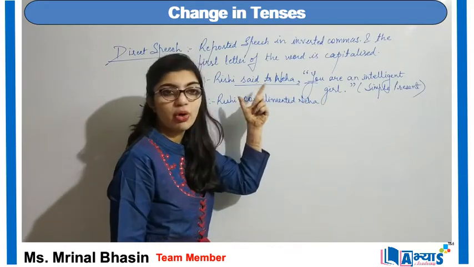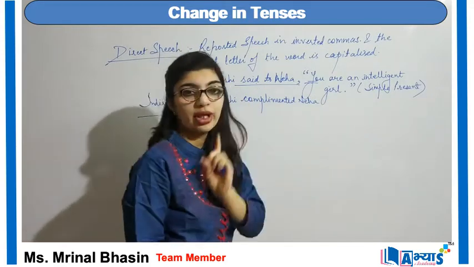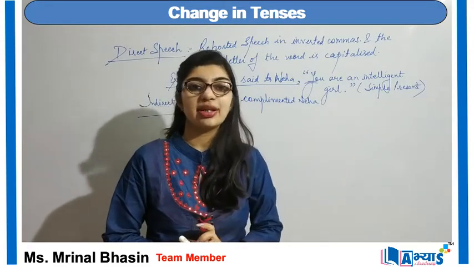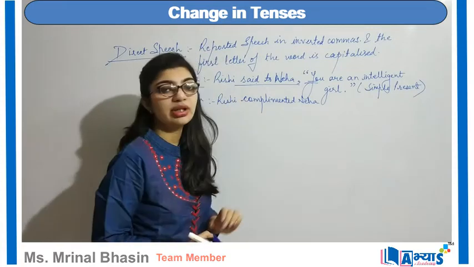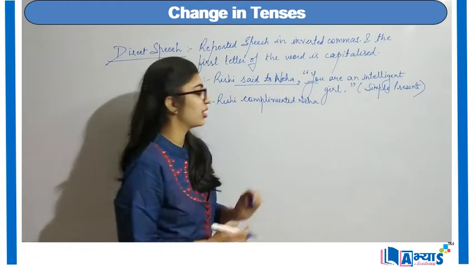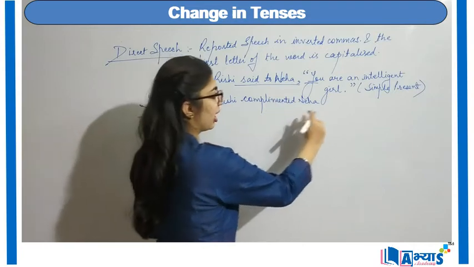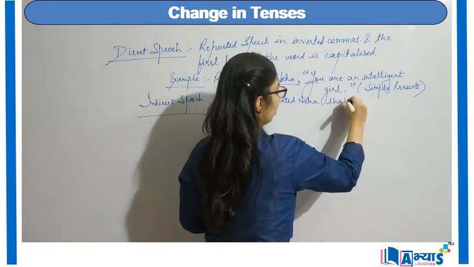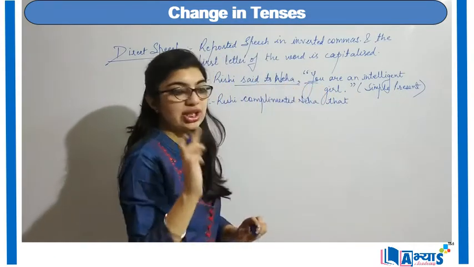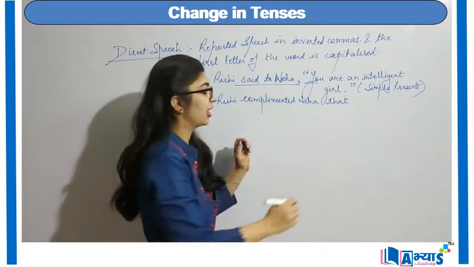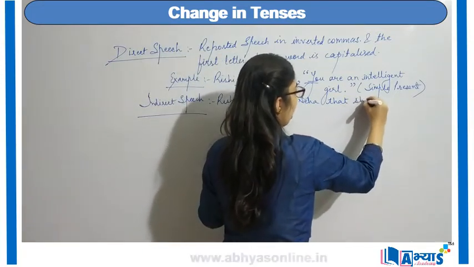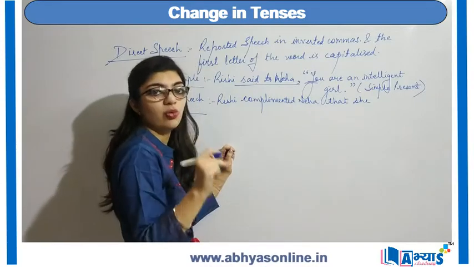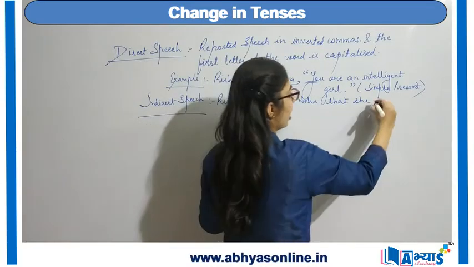Now to join the two sentences, we will be making use of a coordinating conjunction, and here the coordinating conjunction will be that. So Rishi complimented Neha that you gets converted to she because Neha is a girl. That she, are gets converted to was in simple past.